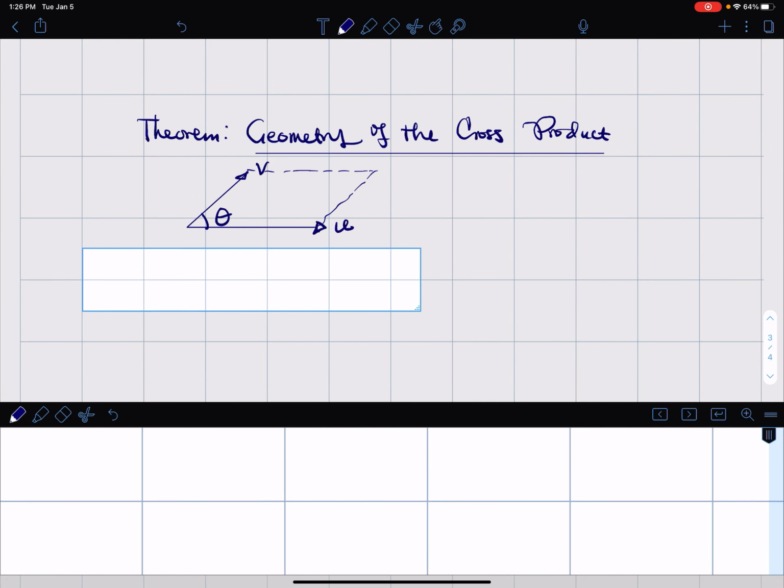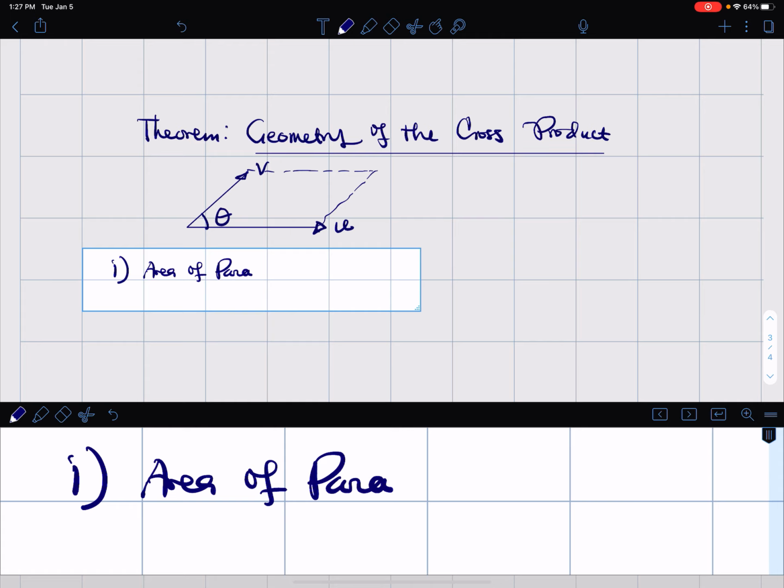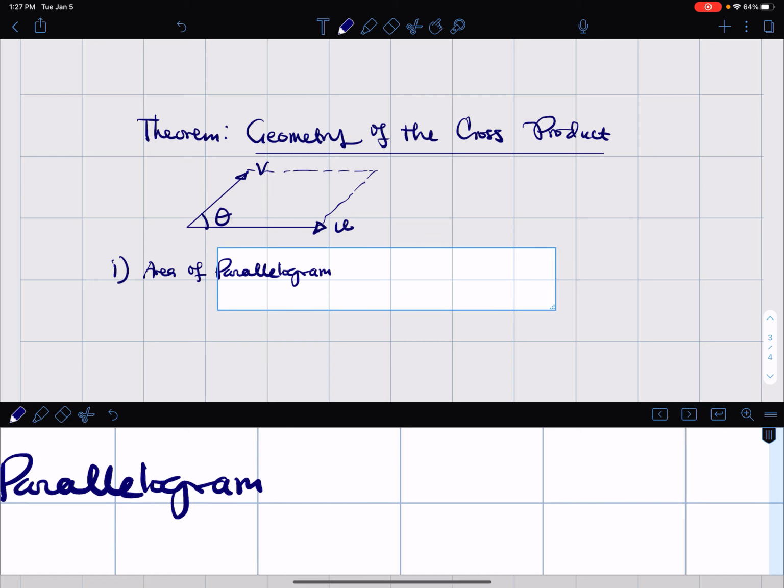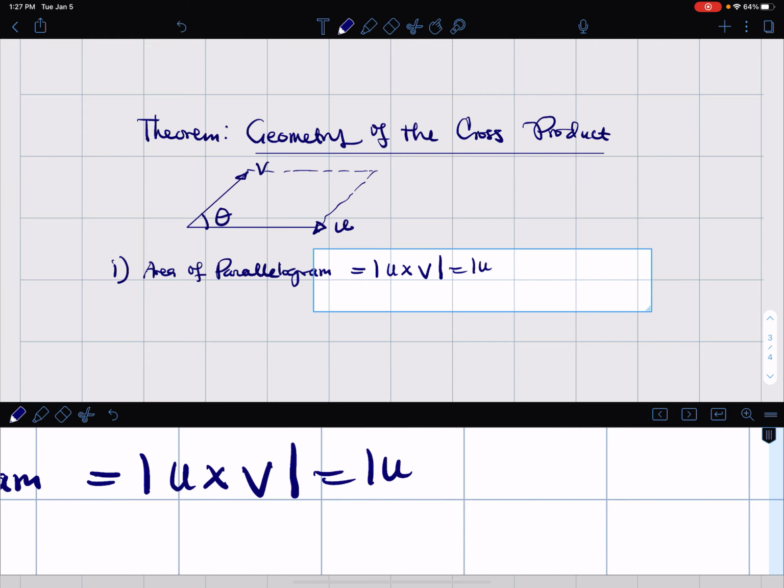We're not going to prove it in this class, but we can prove that the area of this parallelogram is actually the magnitude of the vector U cross V, which is the magnitude of U times the magnitude of V times sine theta.